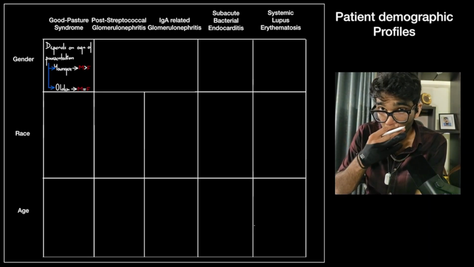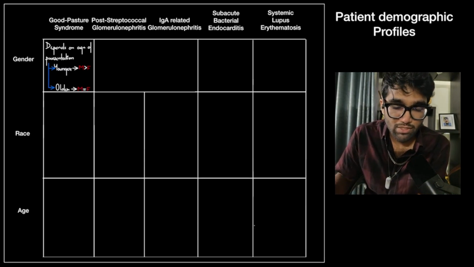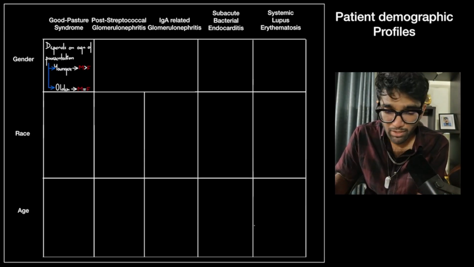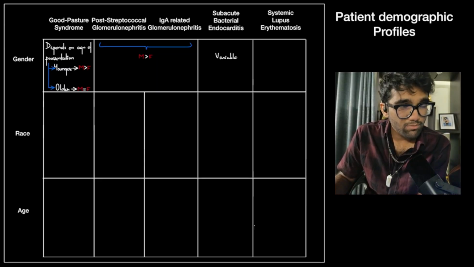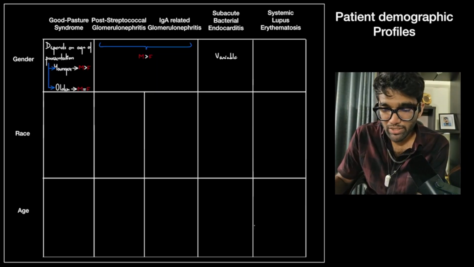When it presents in older individuals, there is no male dominance. It is equally distributed among men and women. Post-streptococcal glomerulonephritis and IgA glomerulonephritis are more common in men than in women, although individual data varies, and different studies quote different values, but overall it is male dominant.